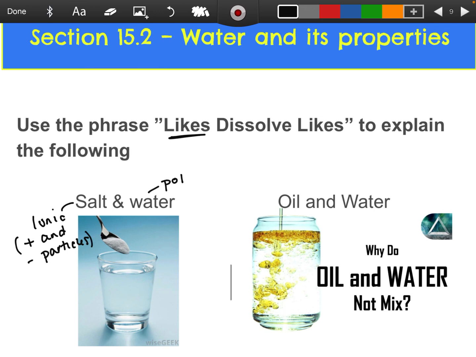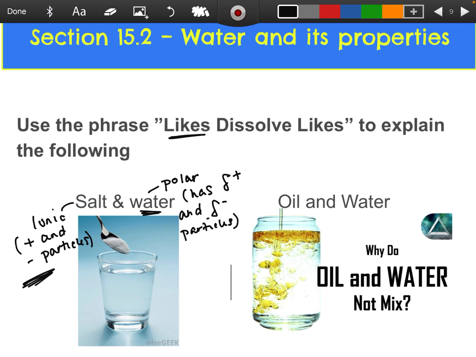Water, we know, is polar, which means it has those partially positive and partially negative particles. So because you have positive and negative particles from ionic, and you have partially positive and partially negative from your polar substance, those two will dissolve into one another.